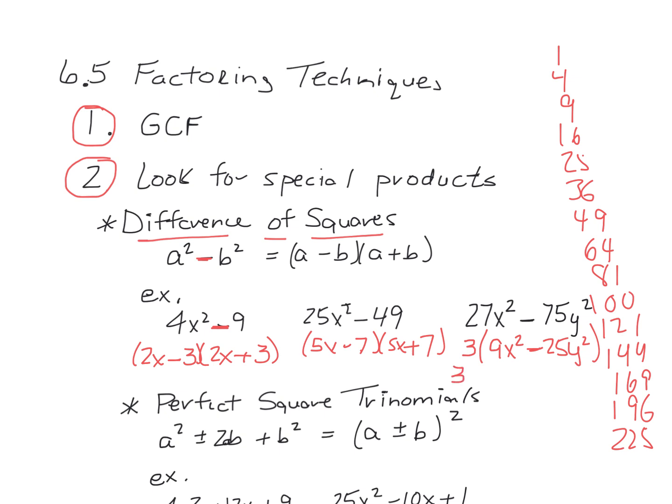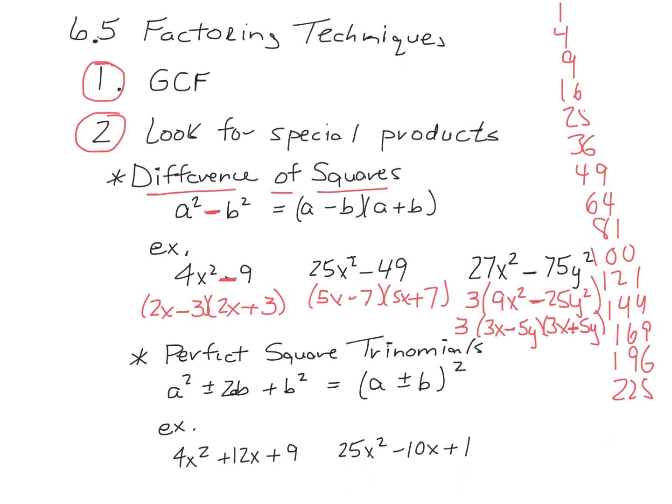I'm just going to bring the 3 down, and I'm going to factor what I have here by using this process. So 9x squared are going to be 3x and 3x. 25y squared would be 5y and 5y. Difference of squares, or different signs. And that would be factored completely.